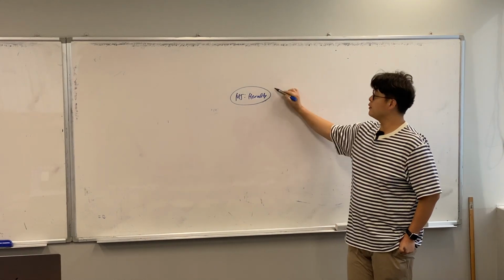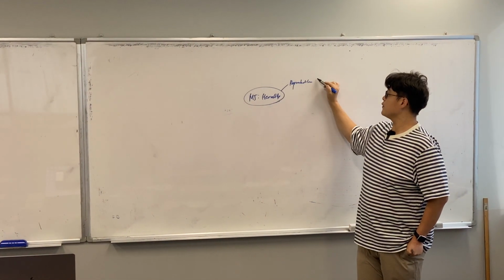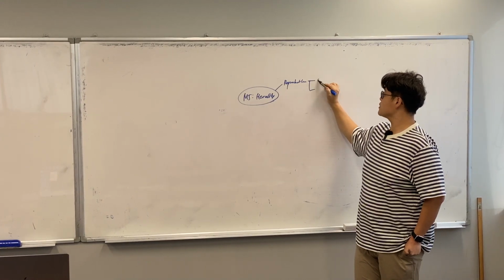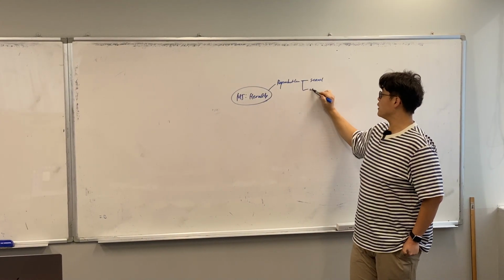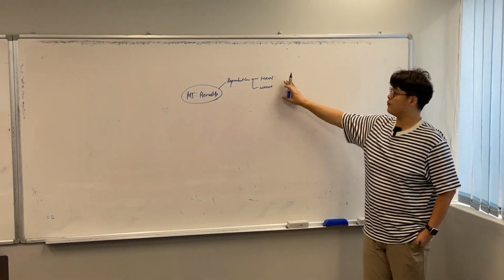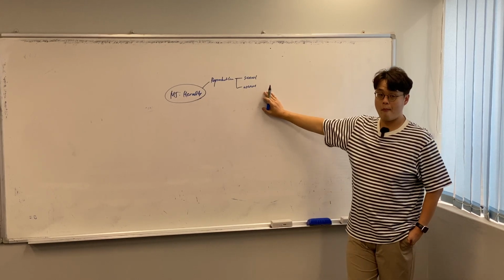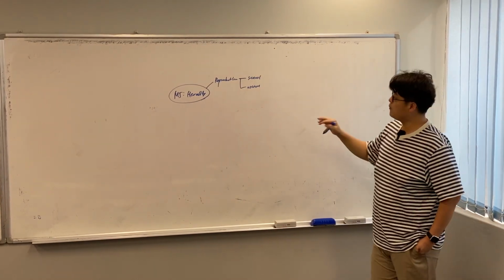Asexual and sexual reproduction. So we learned about reproduction, and that's divided into sexual and asexual. Good. Do you remember the difference between sexual and asexual reproduction?